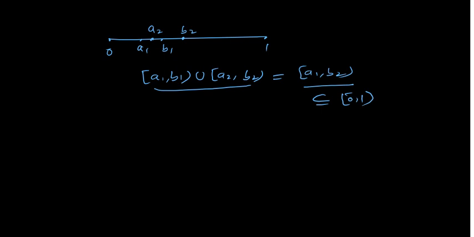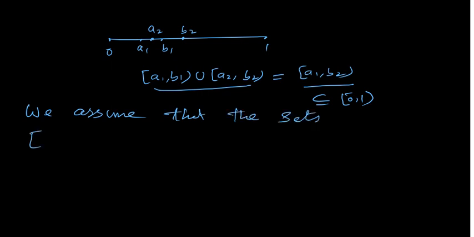So therefore we can assume that these sets A1 B1, A2 B2 are mutually disjoint. So we assume that the sets AI BI are disjoint.